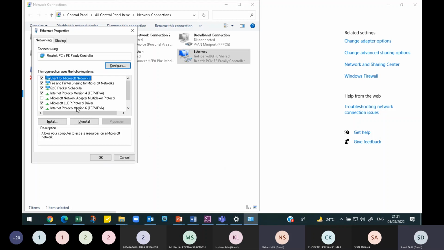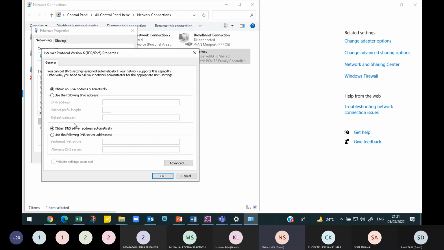Here I've assigned the IPv6 address automatically. So it will be a dynamic IP address and it will change according to the DHCP server configured somewhere, which allocates the IP address. This IP address will not remain the same, it may change.